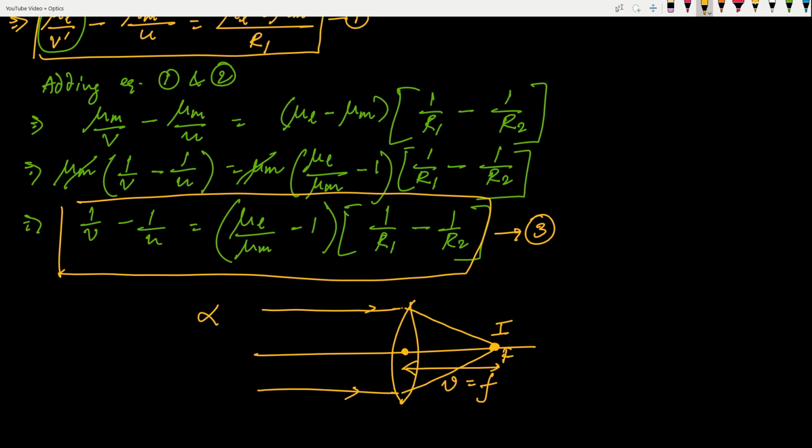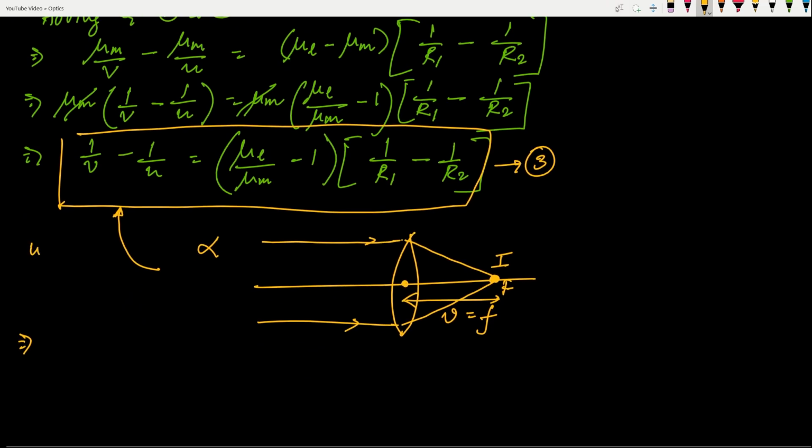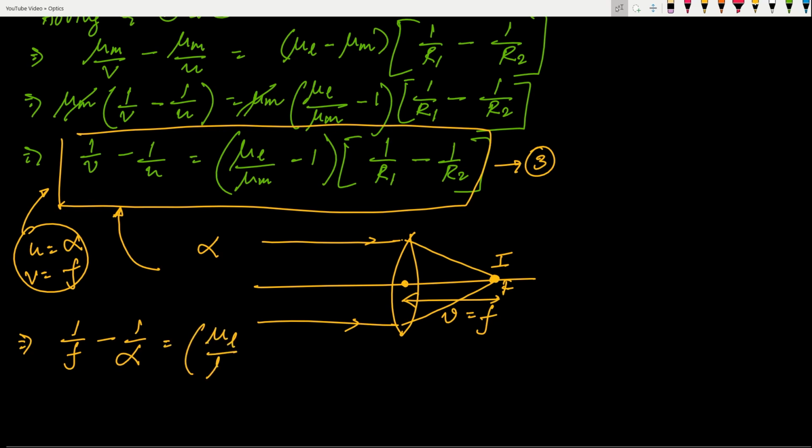Now if we apply this concept in this formula, what will we get? Since the object is at infinity, U will be infinite, so U is equal to infinity and V will be the focal length, because the image is produced at the focus. Using these values, we get 1 by f minus 1 by infinity is equal to mu L by mu m minus 1 multiplied by 1 by R1 minus 1 by R2.